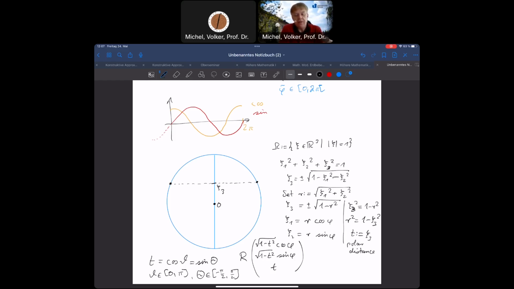Again, not only the fact that I could have used here instead of cosine phi, sine phi, the alternative sine phi, cosine phi, which would just mean starting at a different point and moving in a different orientation. You also have here the options of taking the t or replacing it by cosine theta or by sine theta with different ranges for your theta that you have in the end.